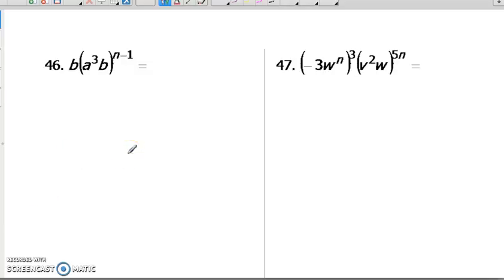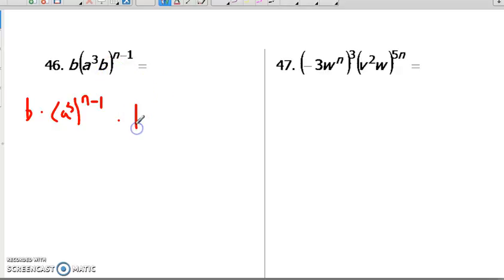All right, so 46. So now I have this n minus 1 as an exponent. So it's going to be a little weird, but I still follow my same rules, okay? So b's out here. I'm going to have a cubed raised to the n minus 1 power. So this is a cubed, that's a 3, to the n minus 1 power, all right?